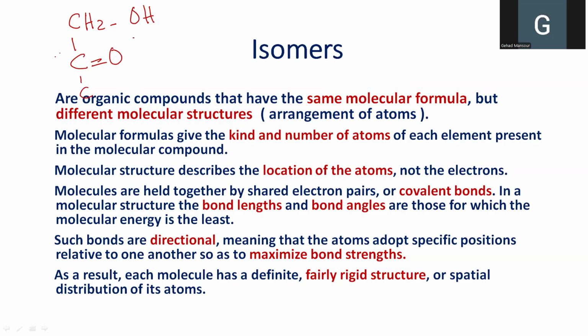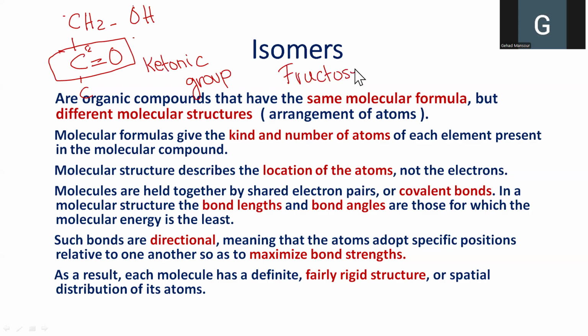So here it does not have an aldehydic group at the beginning of the molecule, but it has only this C double bond O in the middle of the molecule, attached to carbon atom number 2, and this C double bond O group is a ketonic group, and not an aldehydic group. That's why fructose is not considered an aldose, but it is considered a ketose, meaning that it contains a ketonic group.